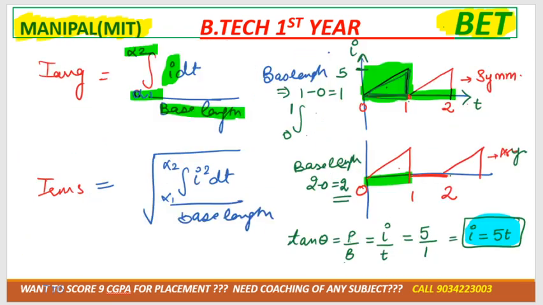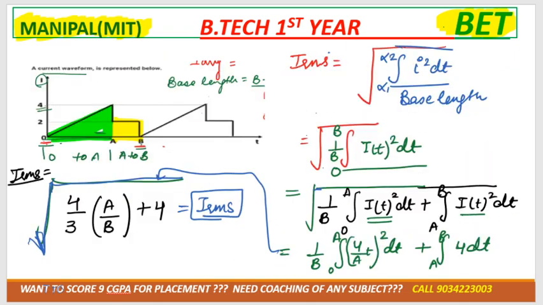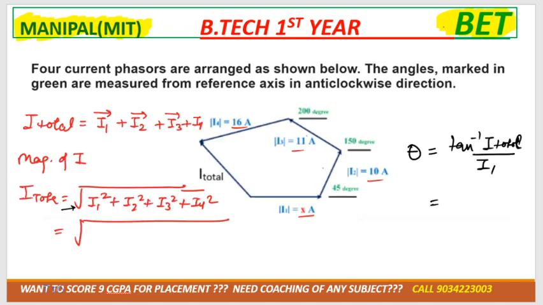This is what they must have asked, I think. Wait, let me check. This is the first question, they ask you the magnitude, that is I total. Another question they ask you the phase angle. As they have mentioned, if the magnitude of current phasor is 11 ampere, then you need to calculate the phase angle. Okay, understood?